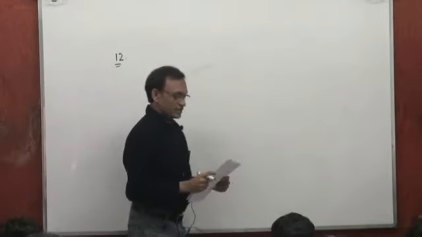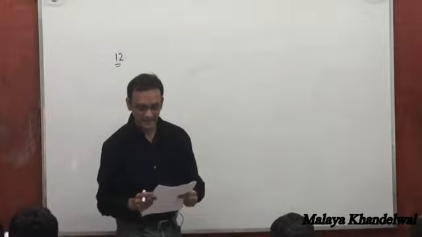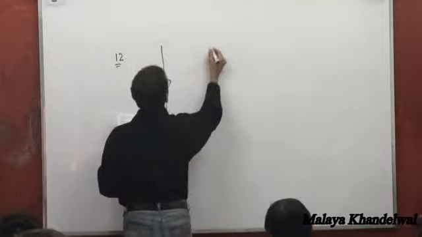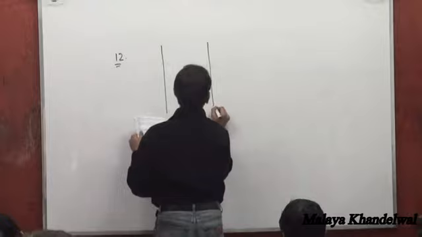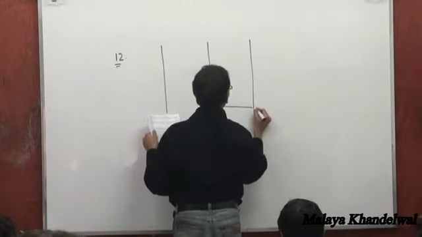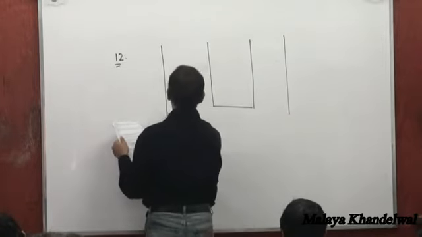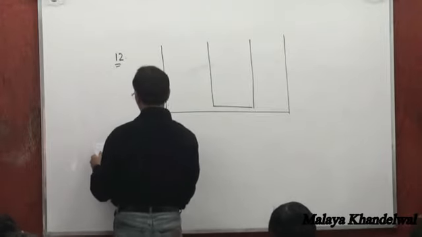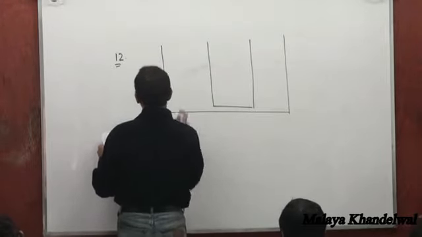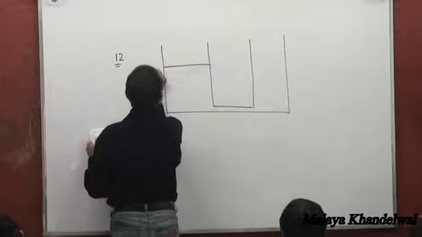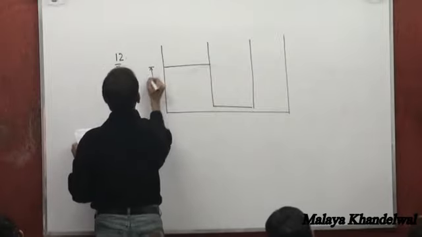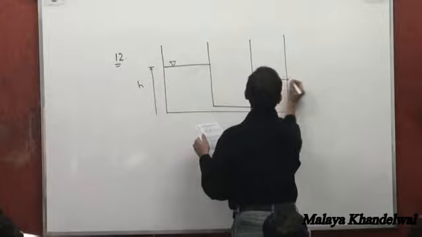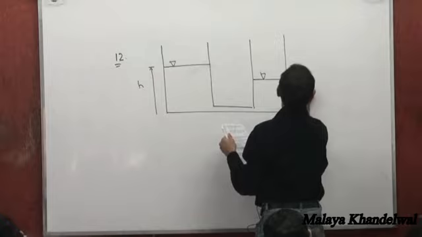Two identical cylindrical vessels with their bases at the same level contain a liquid of density rho. The height of the liquid in one vessel is H1, whereas the height in the other vessel is H2.